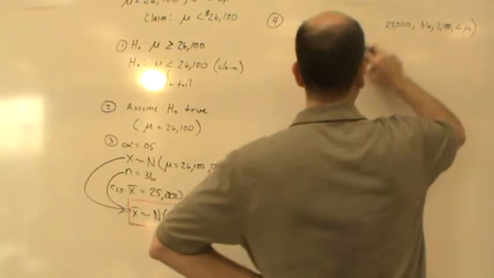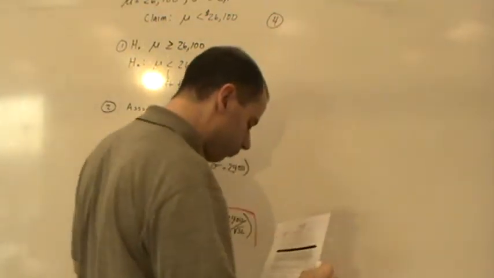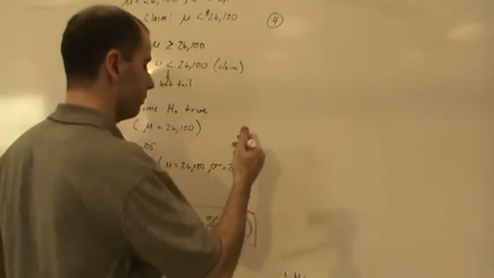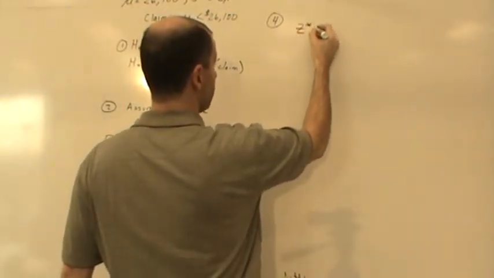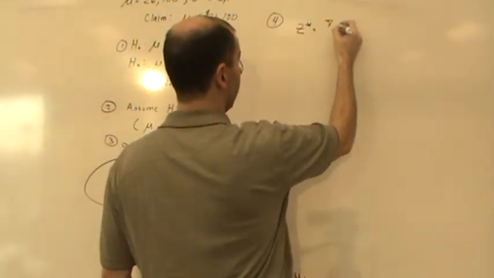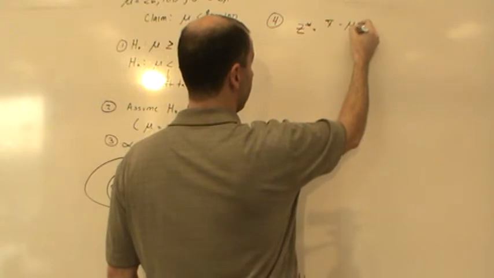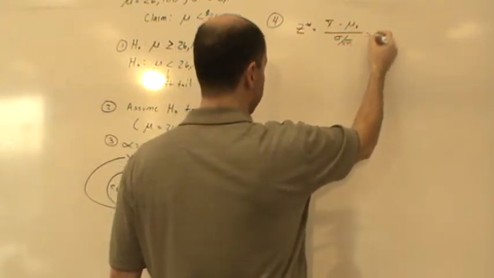So, z star is going to be what? It's going to be x bar minus mu naught divided by sigma over the square root of n.